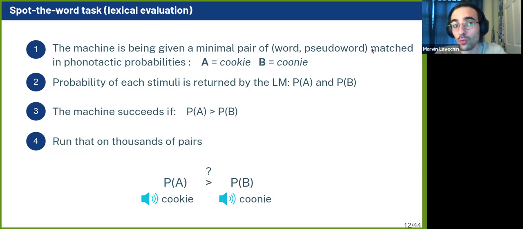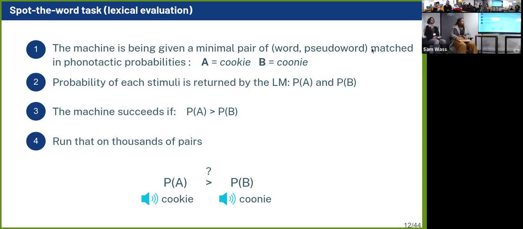I mean, the model wouldn't have received any utterances of kuni because it doesn't exist in English. You receive a bunch of words during the developmental phase, and then at the end, we evaluate whether you can recognize a real word from a fake word, basically.